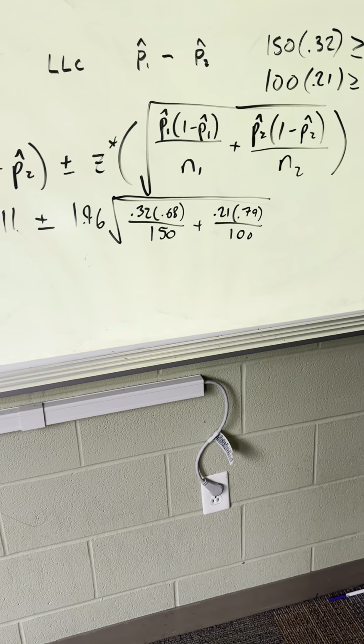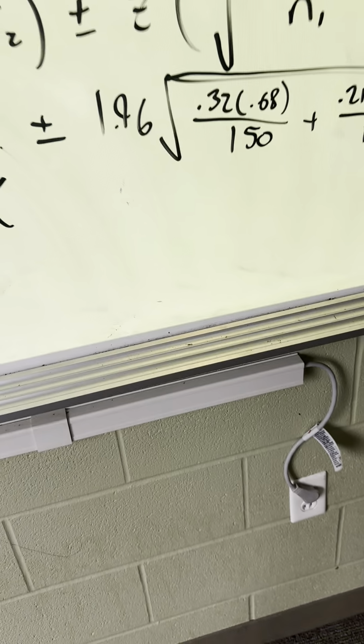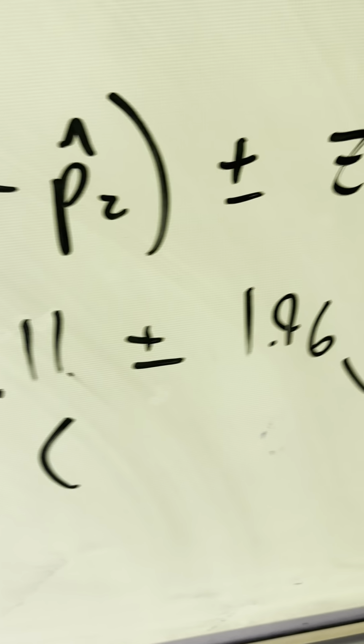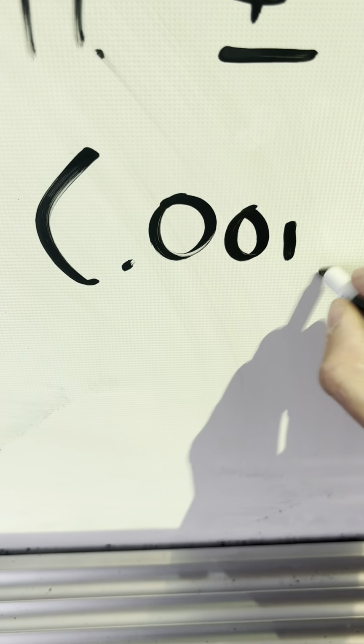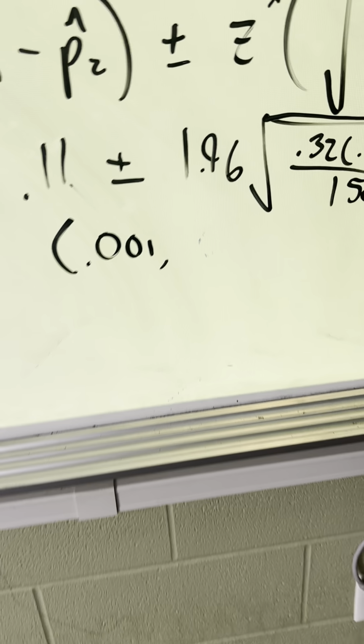This is how we find our confidence interval. Now, remember we have plus or minus. So the minus, when we subtract, that's going to be our first number. If you math this completely correctly, our first number should be 0.001. And our second number, when we add that value, is going to be 0.0219.